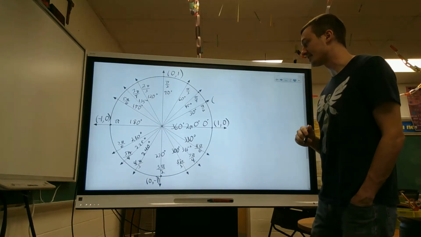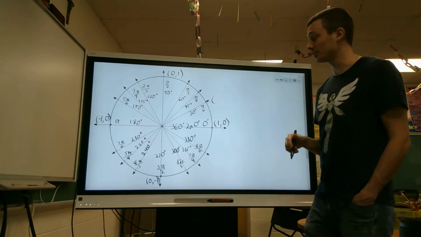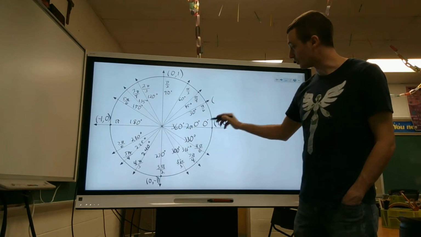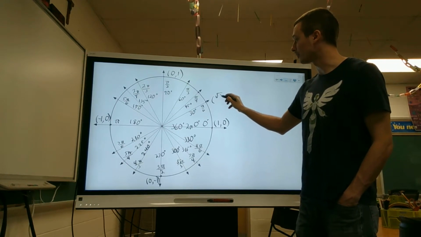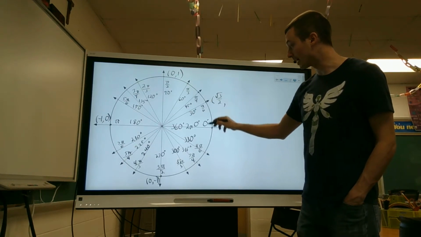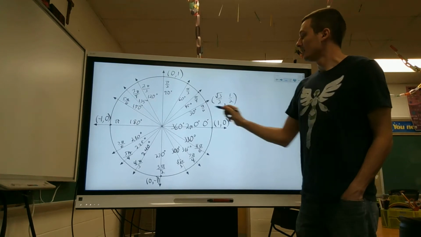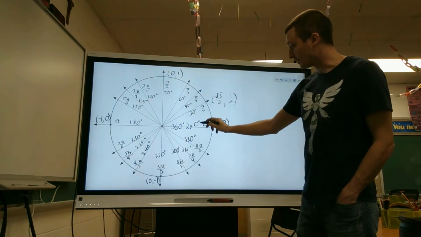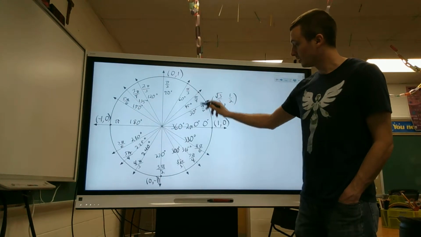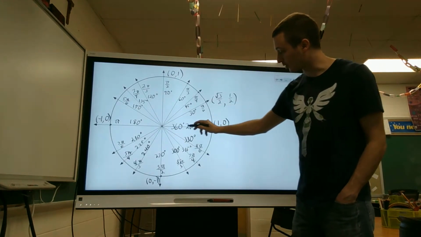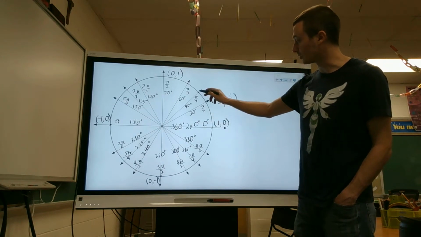But as far as the coordinate system is concerned, the long leg is on the x-axis, so the x-coordinate would be square root of 3 over 2, and the y-coordinate would be a half. And then for this 45, 45, 90 triangle, both of the legs would be square root of 2 over 2. So the x-coordinate is square root of 2 over 2, and the y-coordinate is square root of 2 over 2.